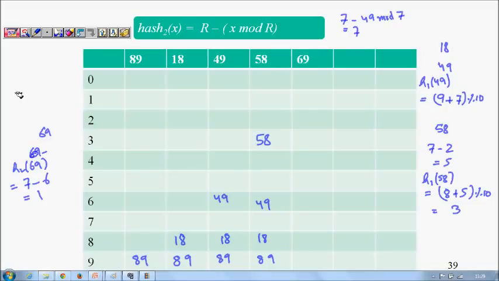So h1 of 69 becomes (9 plus 1) modulo 10, which is 0. So 69 goes to cell 0. So we have 69, 58, 49, 18 and 89. This is how the table looks after these insertions.